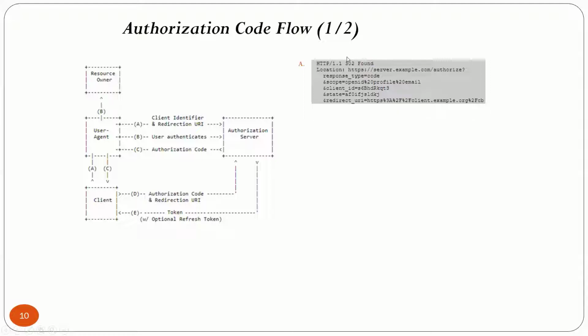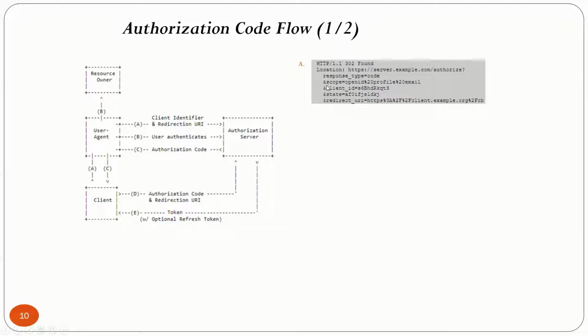Among the parameters that we pass to it is response_type, in this example code. It means we are telling the kind of response that we want from the authorization endpoint. With code, we are saying that we want an authorization code response. But we will see this in a bit.